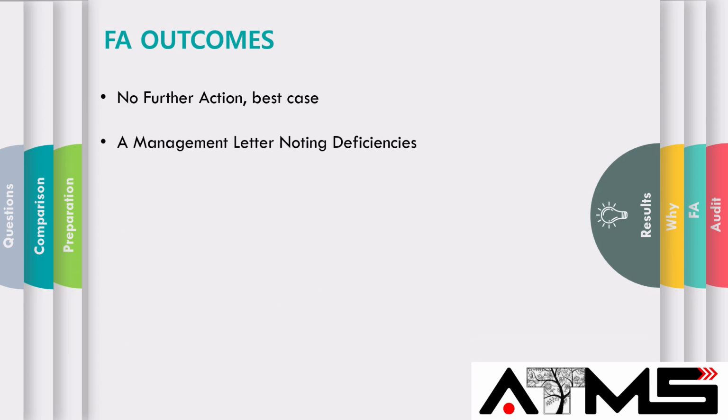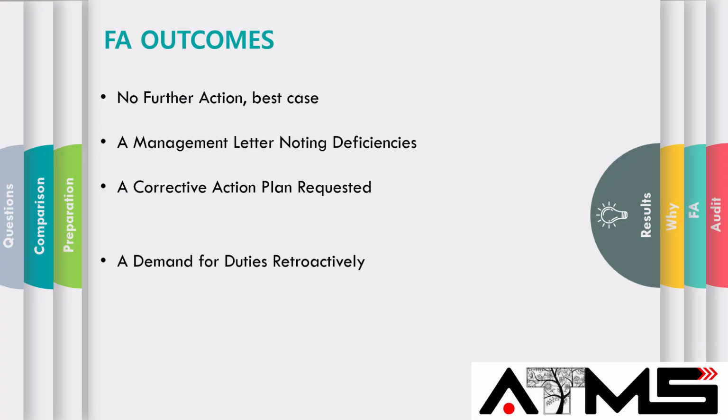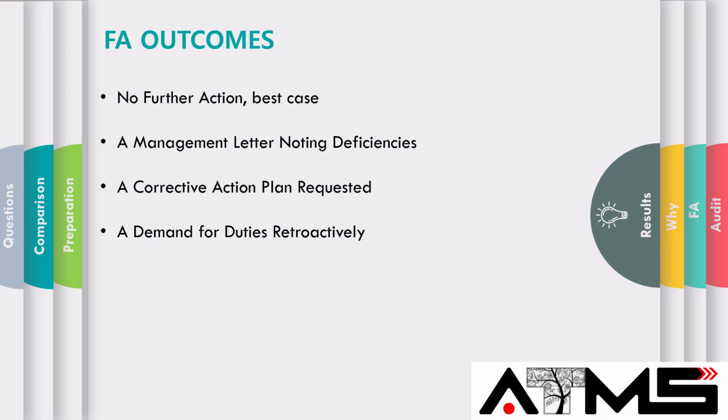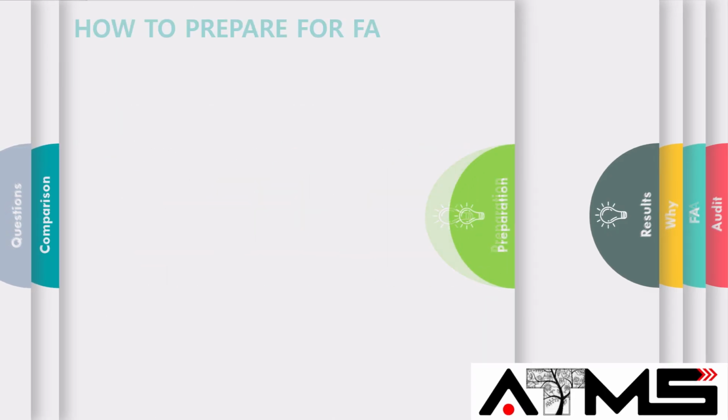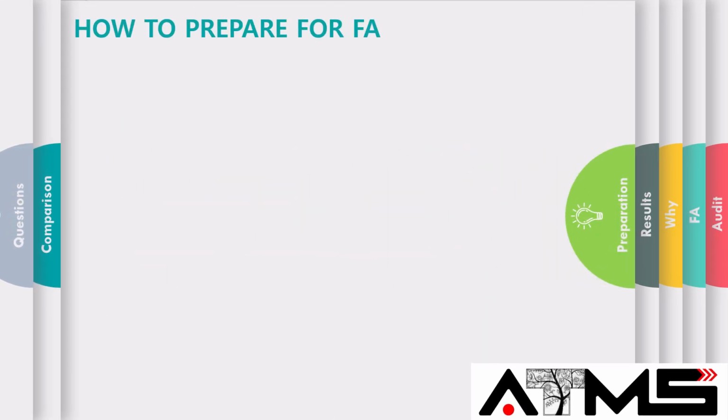Otherwise, you might get a management advisory letter notifying deficiency, a requirement to submit a corrective action plan called CAP, assessment of additional duties, civil penalties for serious violations, or a recommendation to submit a prior disclosure. A focused assessment can take 6 to 18 months, so preparedness is essential.